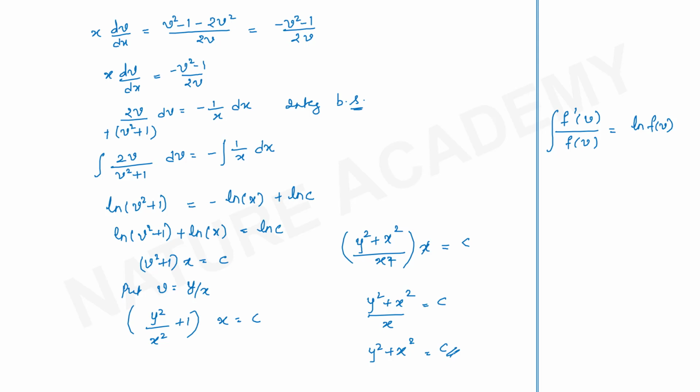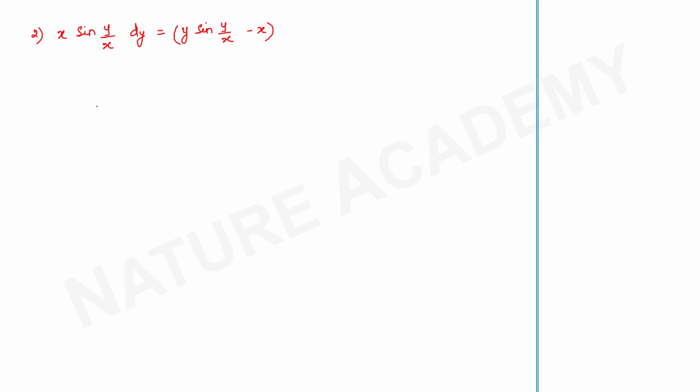The next problem is x into sine y by x dy is equal to y sine y by x minus x. So you just rearrange this. This is a homogeneous differential equation. You will find it when you rearrange, only then you can understand. dy by dx is equal to y sine y by x minus x by x sine y by x.